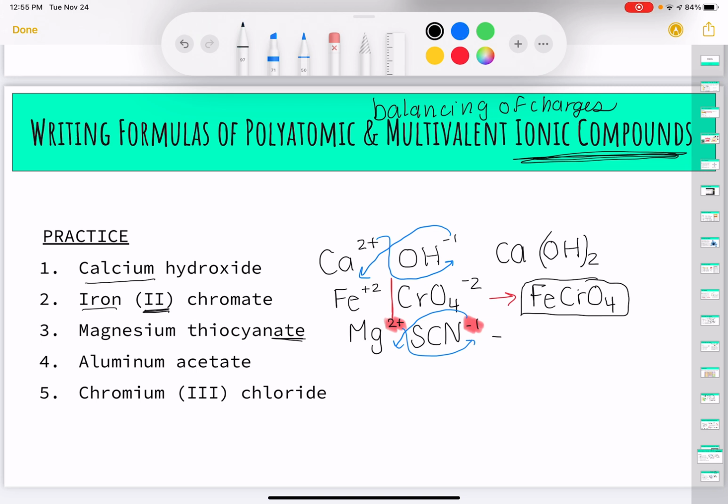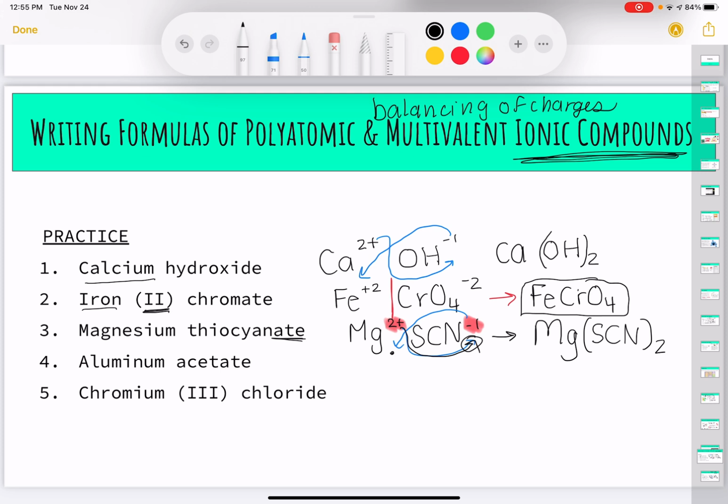Something to remember when we're writing our final answer is that if we are bringing any sort of number down here, we need to put brackets, because that bracket is going to say there's that many SCNs, not just N's. All right, so Mg, then we bring a 1 down, so there's nothing we need to put right there. SCN, and I'm going to put brackets, and then that's a 2. So we brought this 2 down to there, okay?